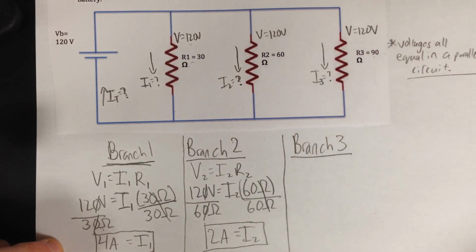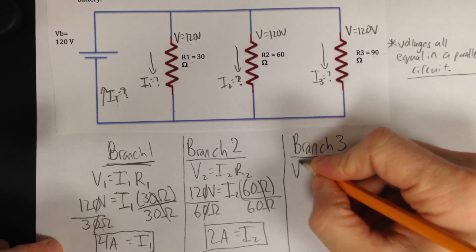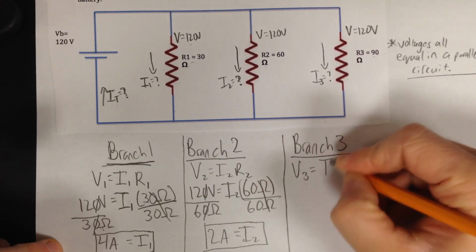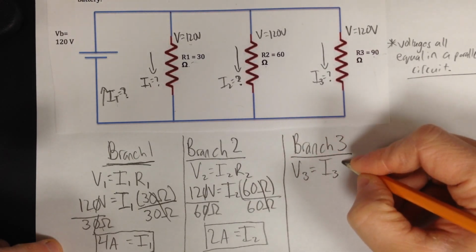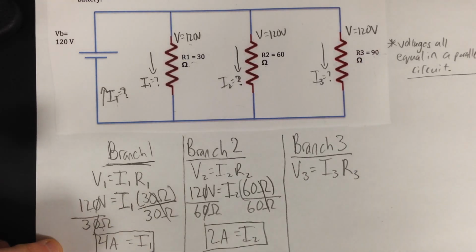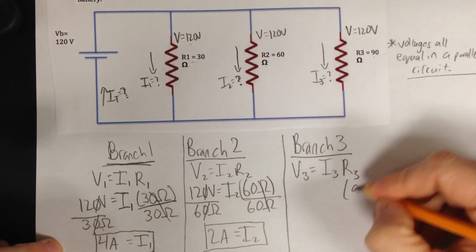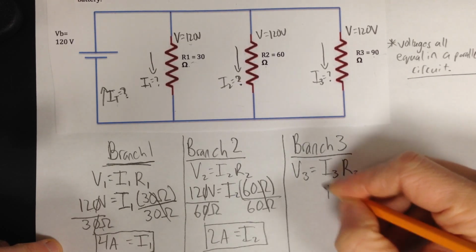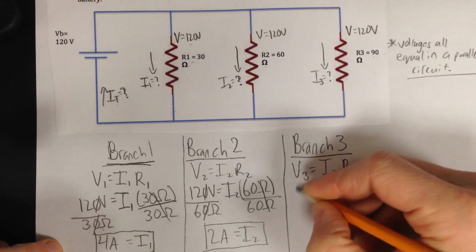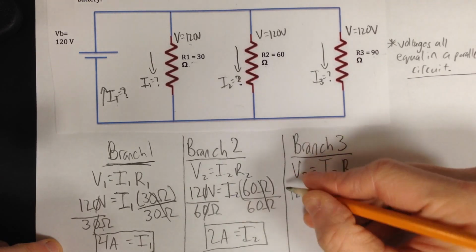More resistance, less current in branch 2. In branch 3, we do the same thing. And the great thing about a parallel circuit is that all the voltage drops are the same, so you keep plugging in 120.